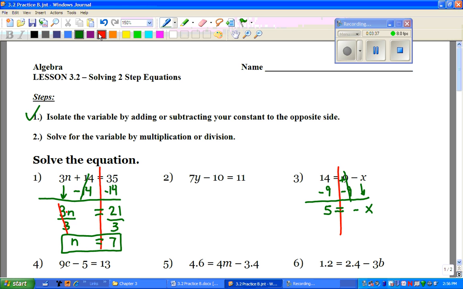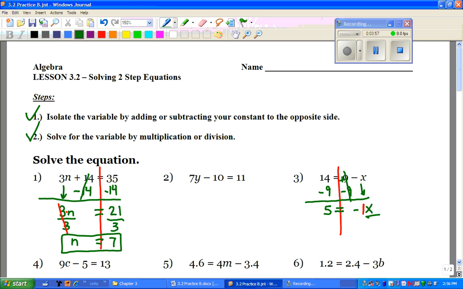Now we all know that in front of this x there is always going to be a 1, so really there's a negative 1. Let's move to step 2, solving for the variable by multiplication or division. Since we have multiplication here, we're going to do division.